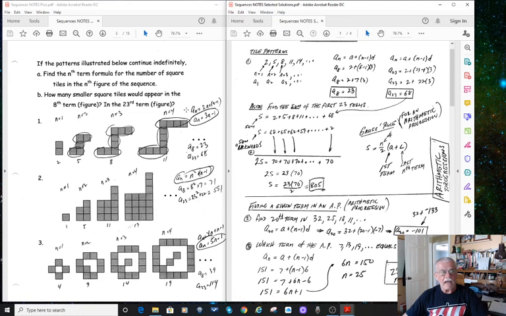So if you do that, and of course we start here, n is 1, 2, 3, 4, 5, it would look like this basically. Okay, so you can sort of work that out for yourselves.